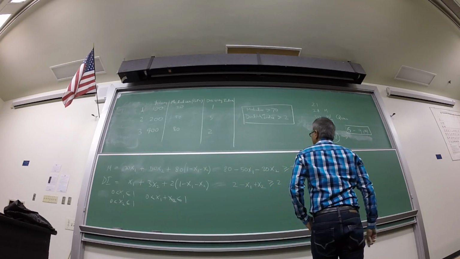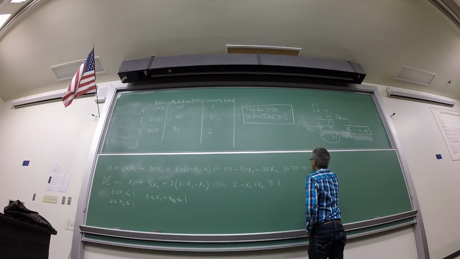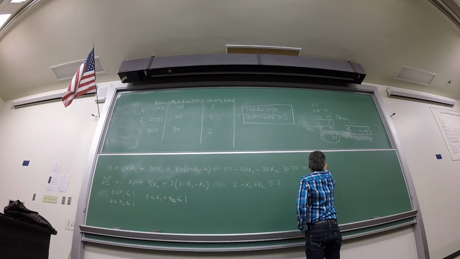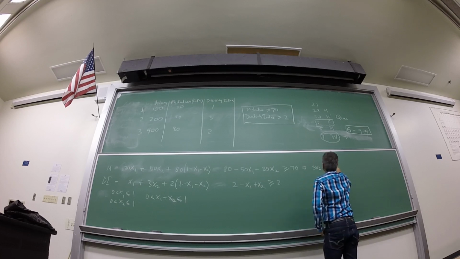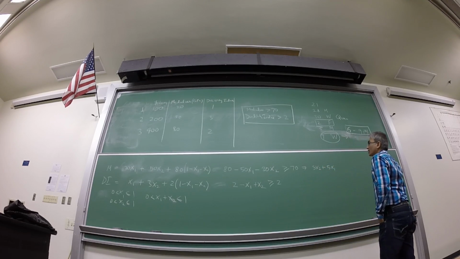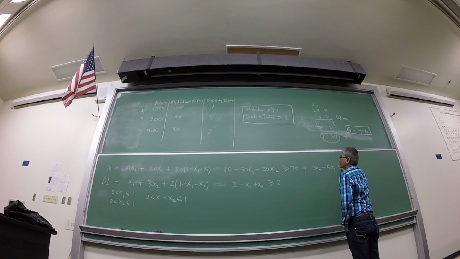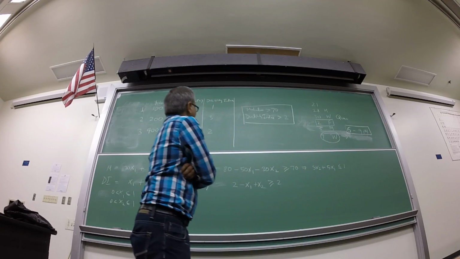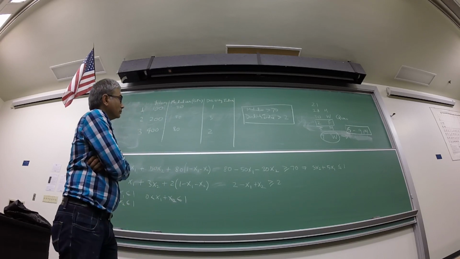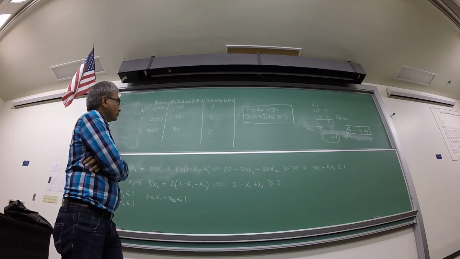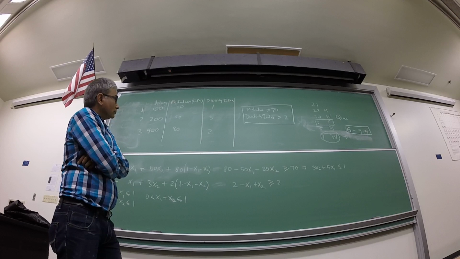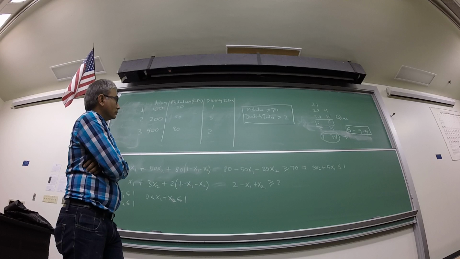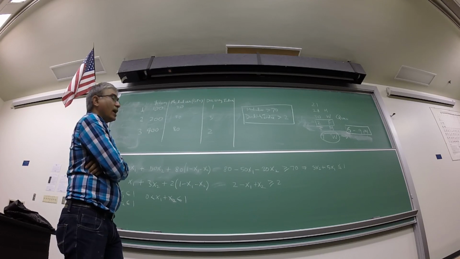So this will give you 3x2 plus 5x1 should be less than or equal to 1, right? Yeah?